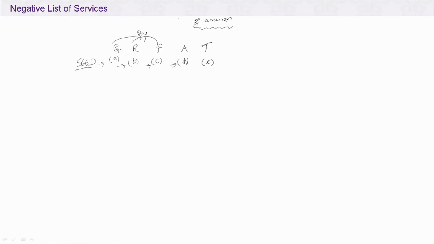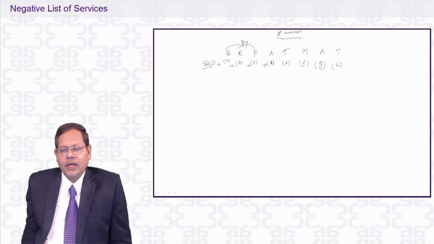And next to trading it is manufacture, that is F. Then G, advertisement. And again H, toll charges. Toll charge services are under the negative list.